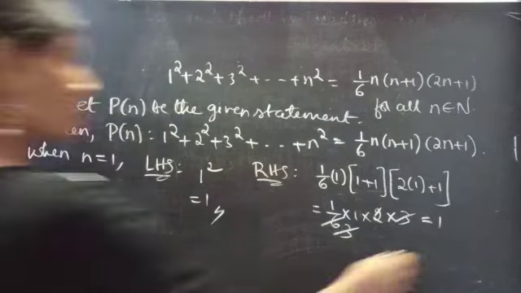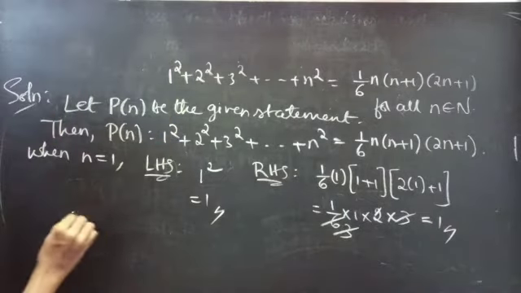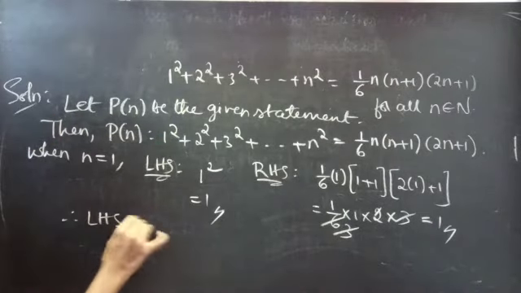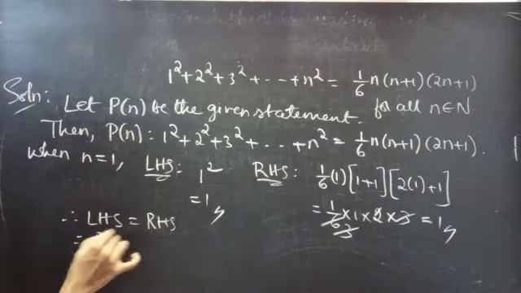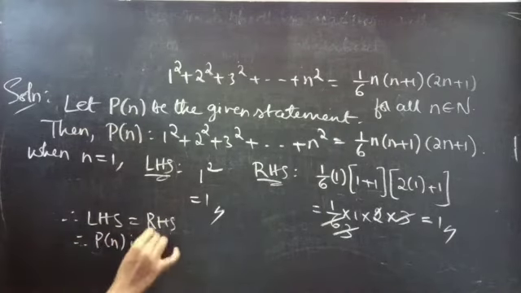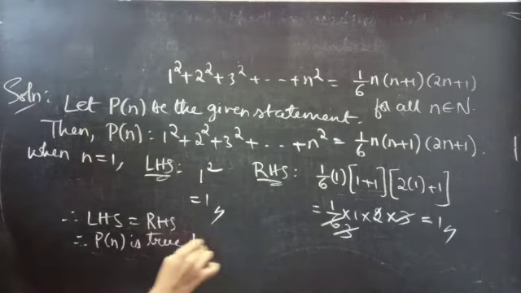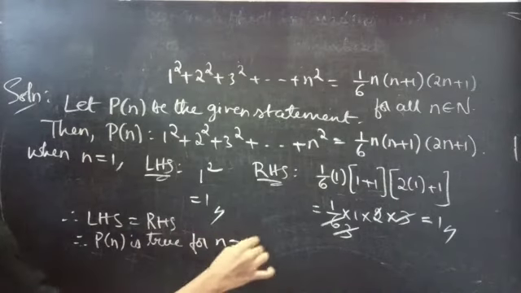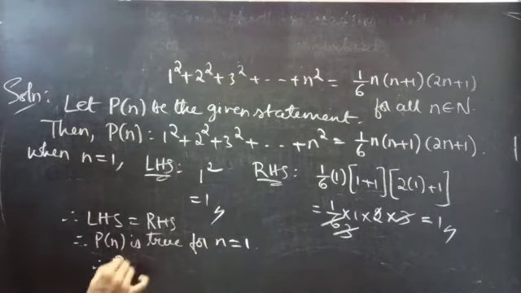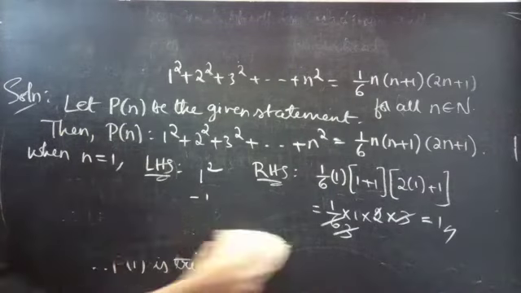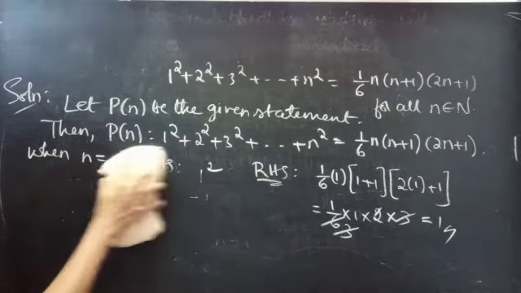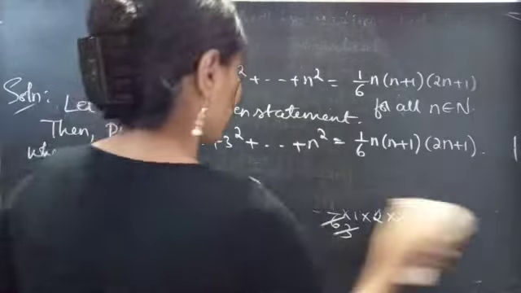So here LHS equals RHS. From this we can say that P of n is true for n equals 1. Therefore, P of 1 is true. Likewise, we can show that the statement is true for n equals 2.